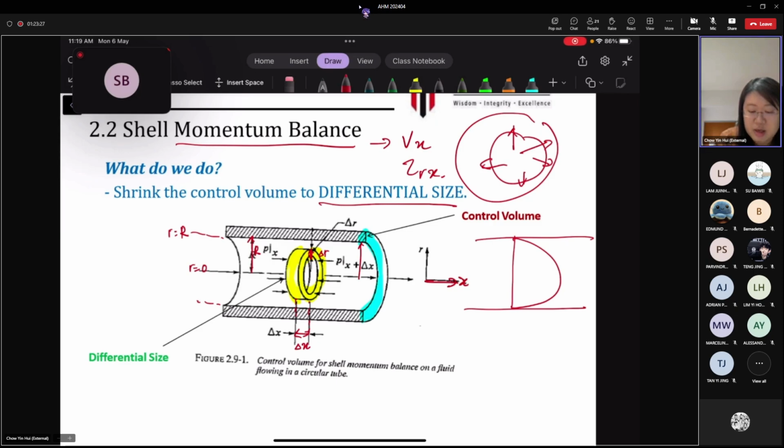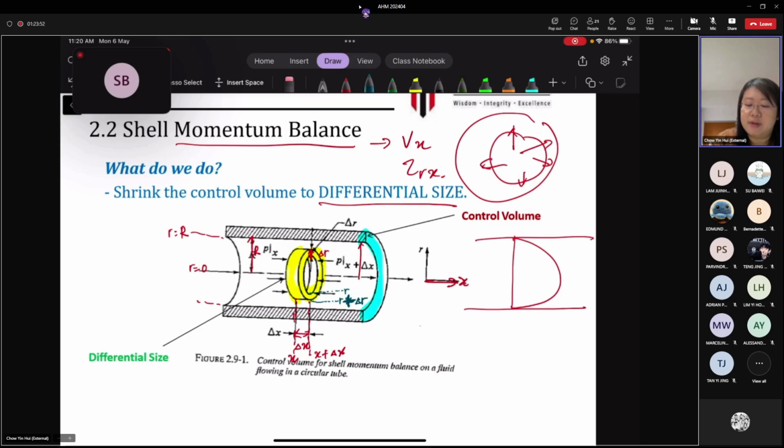That's how we denote it. Usually this boundary is x, and the boundary on the right-hand side is x plus delta x. At the inner side of the ring, the boundary is r, and the outer one is r plus delta r.